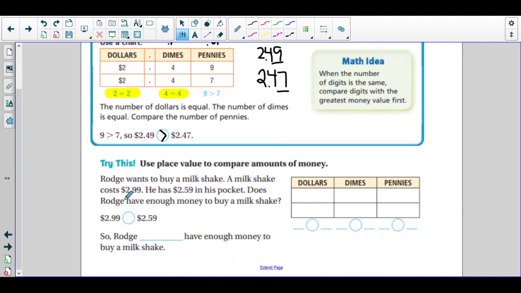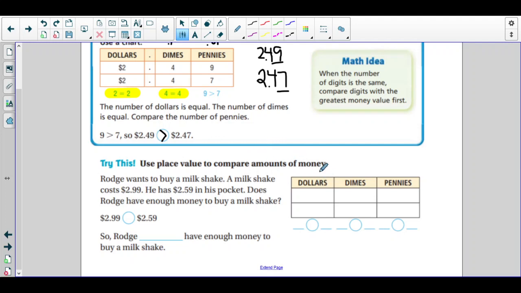So let's see if we can't make that work down here for us. All right. Raj wants to buy a milkshake. A milkshake costs $2.99. He has $2.59 in his pocket. Does he have enough to buy a milkshake? Well, let's see what we got here.